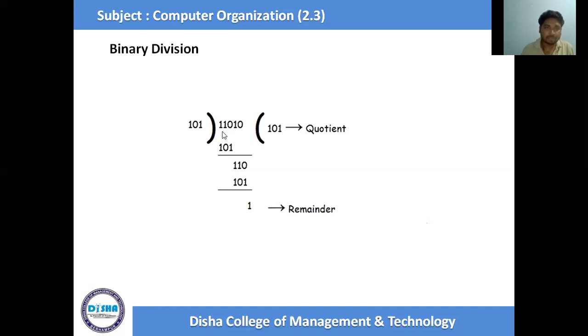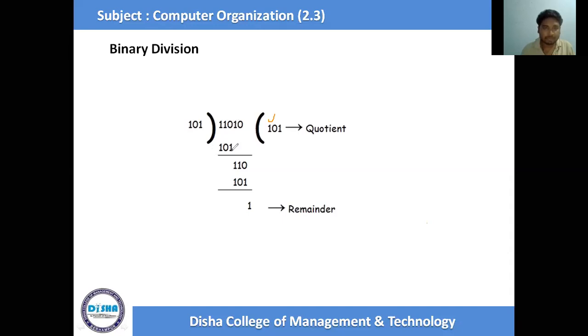Suppose this is our number and this is another number, and we have to divide this by that number. First, the first bit is multiplied with this number, and this is my result.